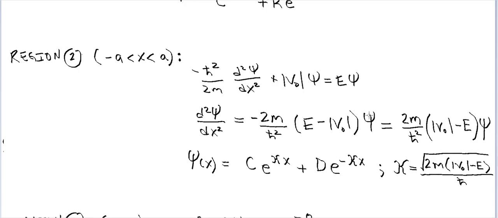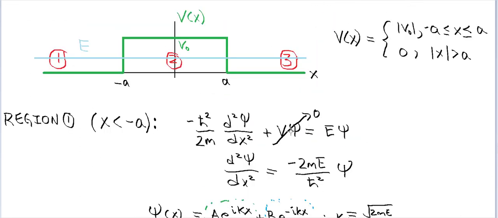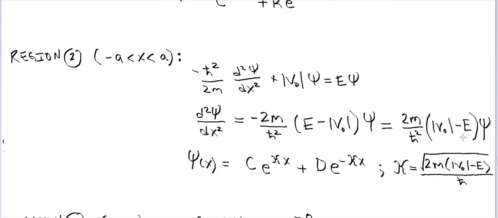Note here that the way that we've set this up, V naught is greater than E, and so V naught minus E is a positive value. We've seen solutions to this before.